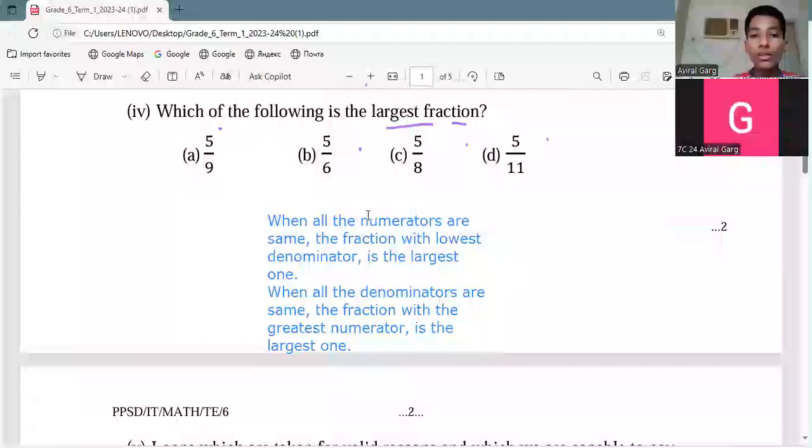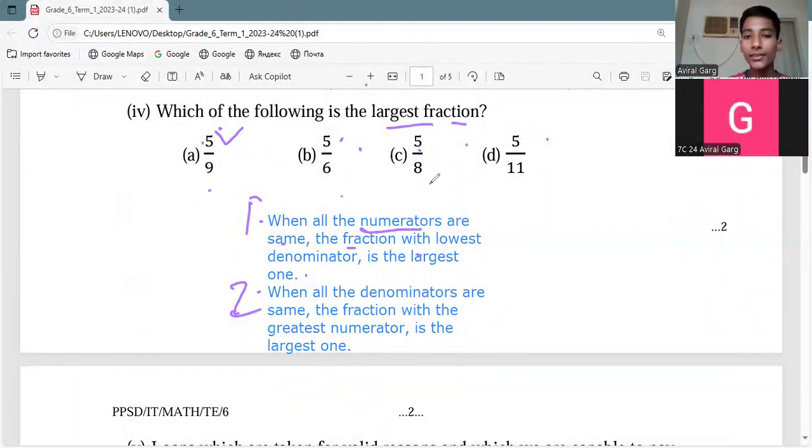When numerators are same, the fraction with lowest denominator is the largest one. So this is case number 1 here, this is case number 2. We have to figure out case number 1. Here numerators are same. Now, which is the fraction with lowest denominator? 968. This one. So this is the largest one, and this one is the smallest one.